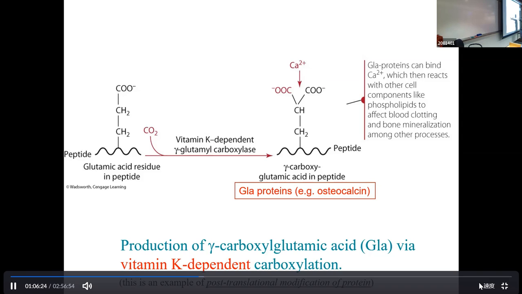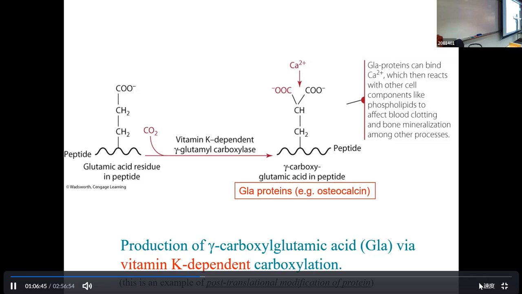So this is a carboxylation reaction. And so the enzyme, of course, is carboxylase. Okay, now you can see that another information comes in, and that this enzyme is vitamin K dependent.